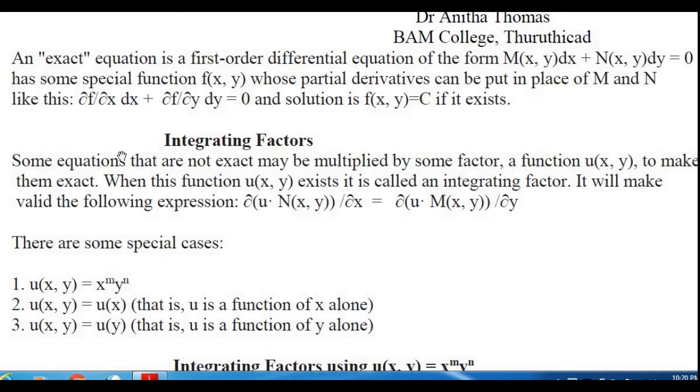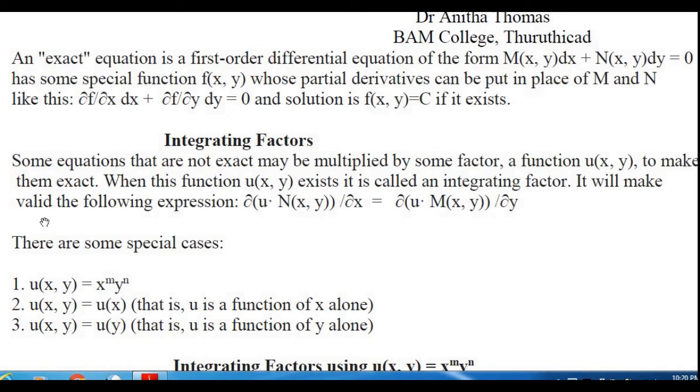Now, integrating factors. Some equations that are not exact may be multiplied by some factor, a function say u(x,y), to make them exact. If this function u(x,y) exists, it is known as an integrating factor.